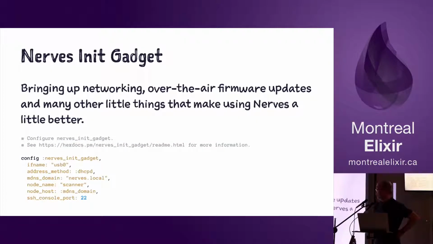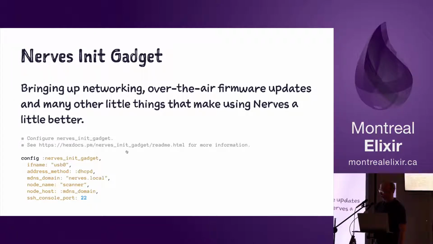Nerves Init Gadget, like I was saying, its main responsibility is to bring the network up and handle over-the-air firmware updates, which is pretty cool. When I played with Nerves two years ago, that was not possible. Every time we had to physically burn the SD card. Now, as you will see in the next demo, we can upgrade the firmware through the air, through the network, which is pretty awesome.